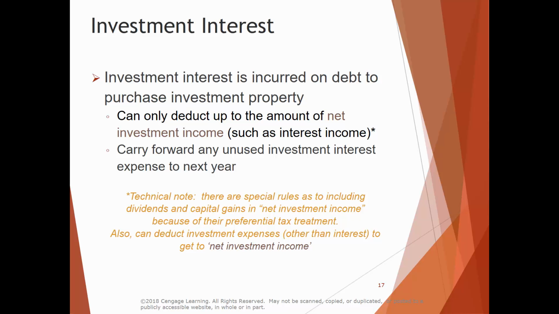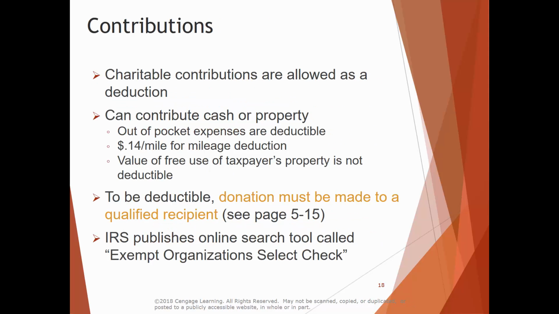Pretty easily, we know that's interest and dividends, but you can't count in that calculation of investment income things that get preferential tax treatment, like what? Capital gains, qualified dividends. Anything that gets those lesser rates, you can't put in the calculation. So say I have $500 of interest income and $800 of investment interest expense. I can only take $500, and I carry the 300 forward. You don't see a ton of this.